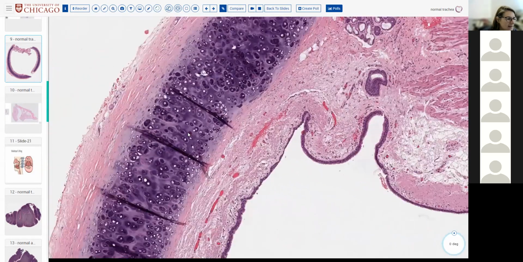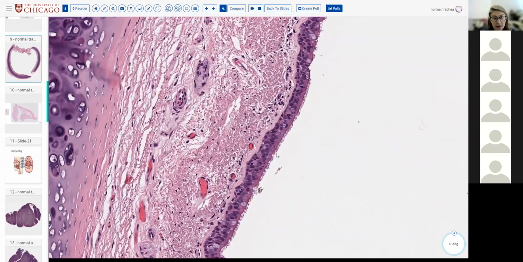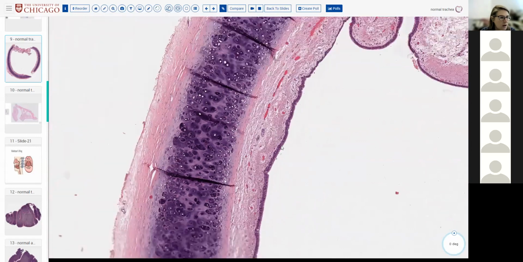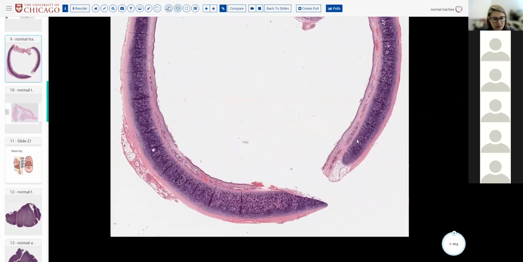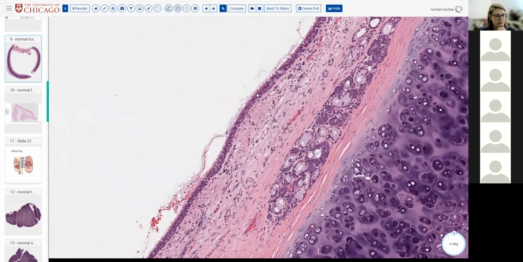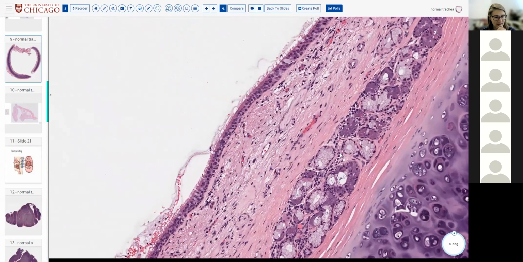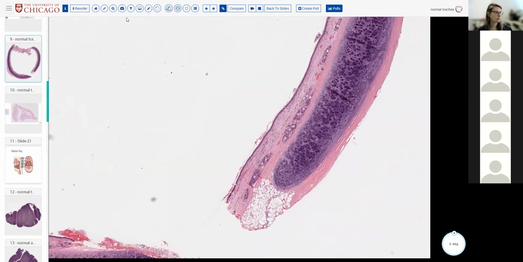So again, this is hyaline cartilage. Again, the epithelium is pseudostratified ciliated columnar, all right? And the rest of the tracheobronchial tree I will leave for Dr. Hussein to teach you. But basically, C-shape, pseudostratified. Here are your seromucinous glands, right? So your minor salivary glands and your cartilage. All right. Questions, comments?